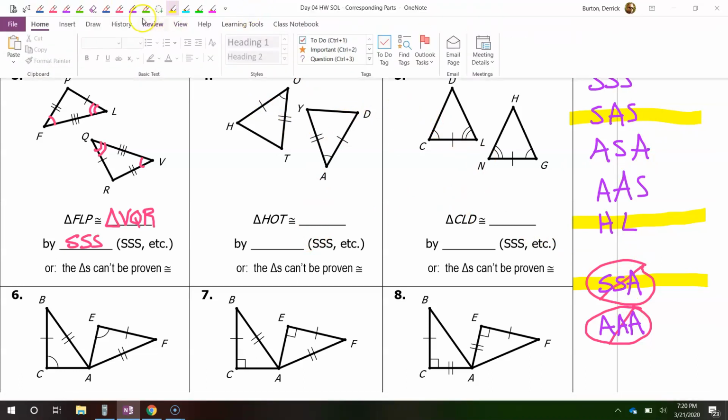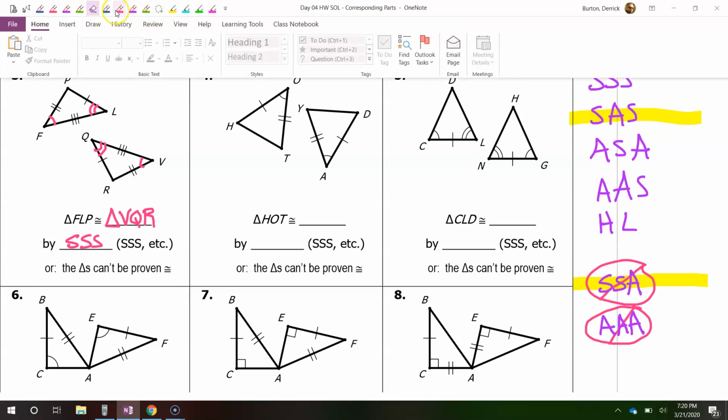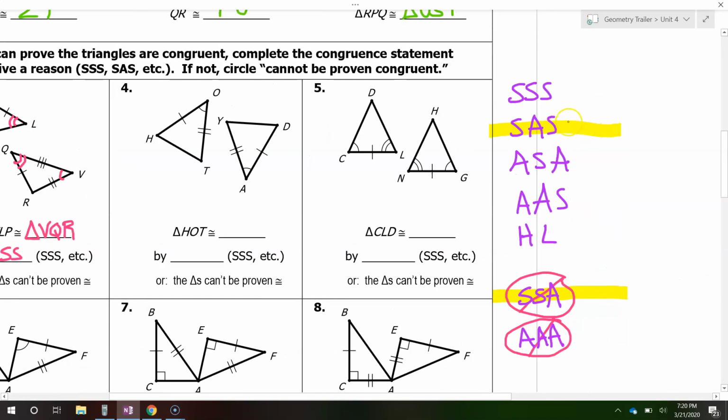So how do we know which one it is? Well, first of all, hypotenuse leg is only for right triangles. This is not a right triangle, so we can forget about that. Now we have to choose between side angle side and side side angle. There's one key word here, and that word is between.